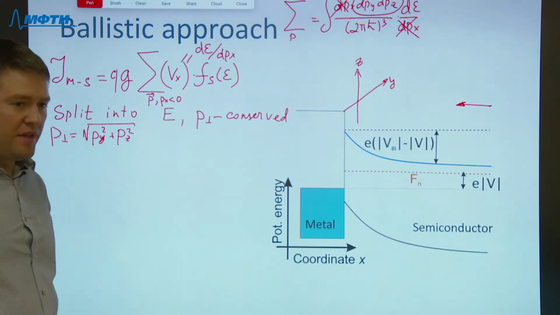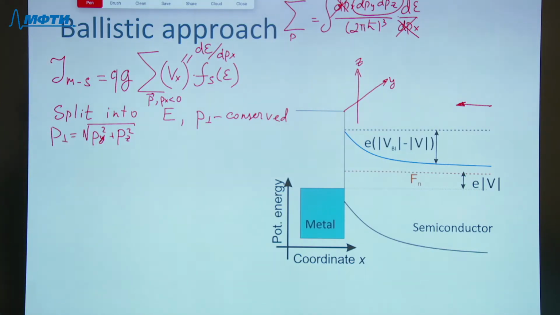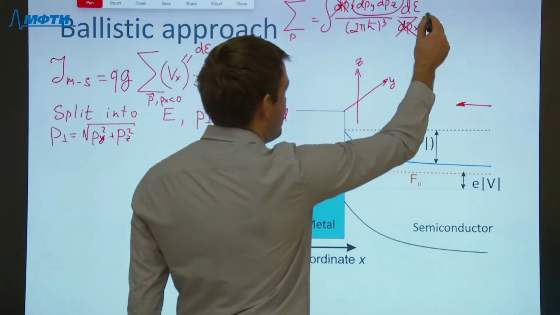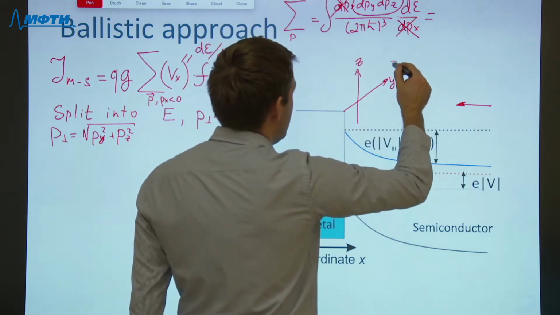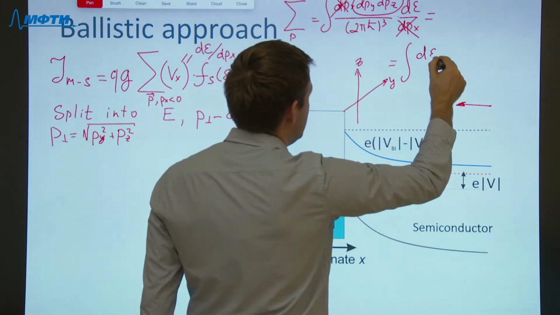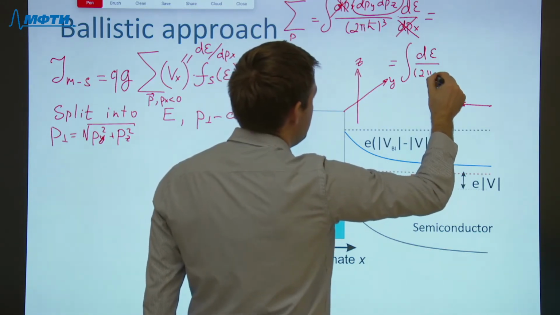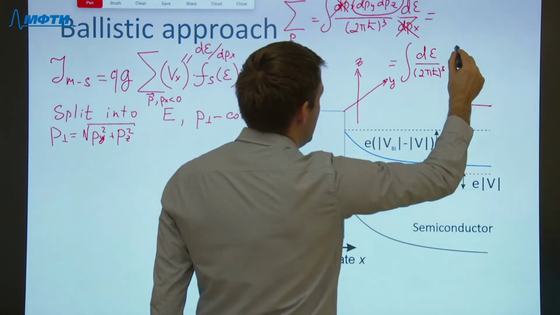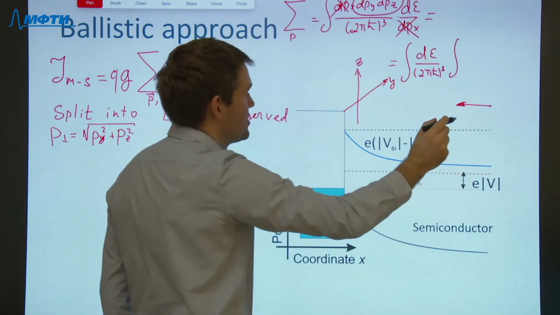When working with these transverse momenta, it is convenient to pass to the polar coordinates, and the answer will look like the integral over energies divided by 2 pi h-bar cubed, and the integral over transverse momenta.